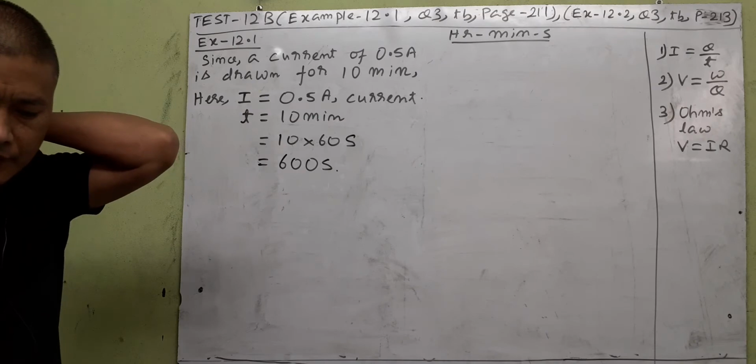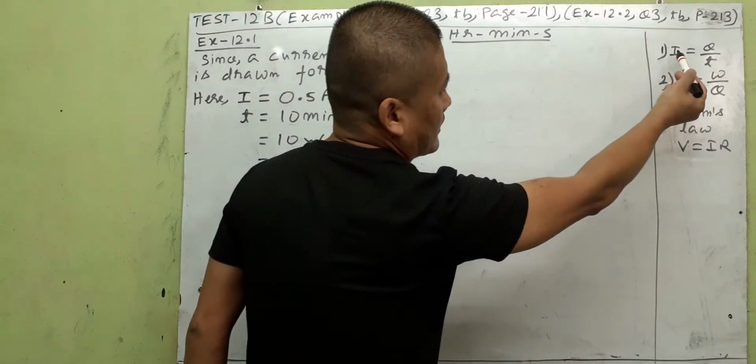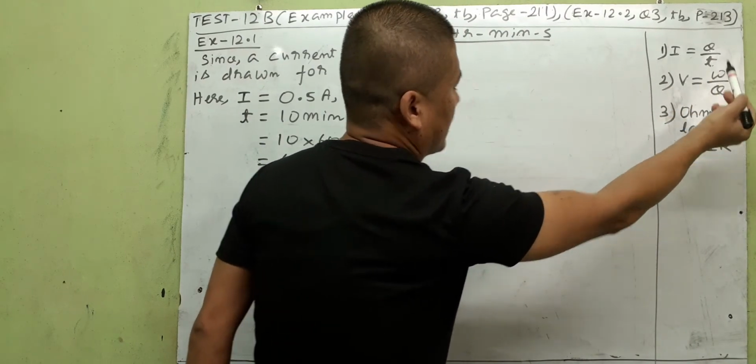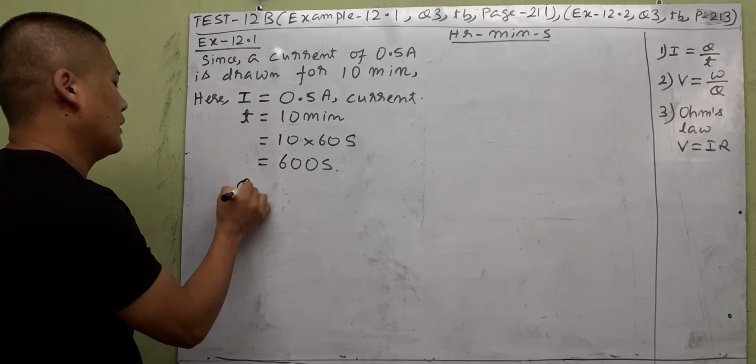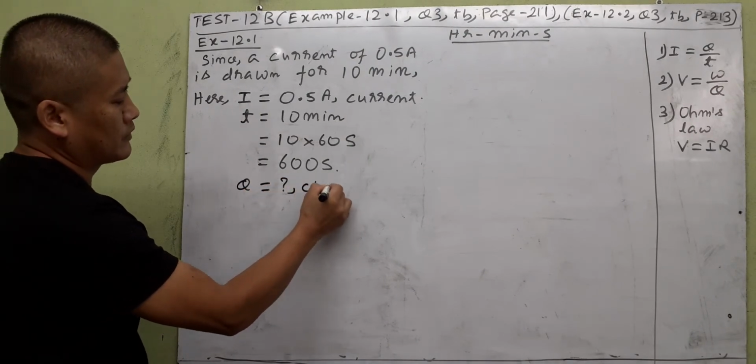Question is saying find the amount of electric charge. So charge is in our textbook denoted by Q usually. This is the charge that we have to find.